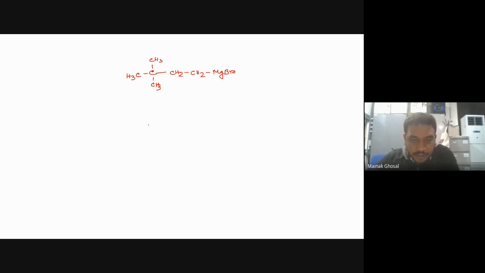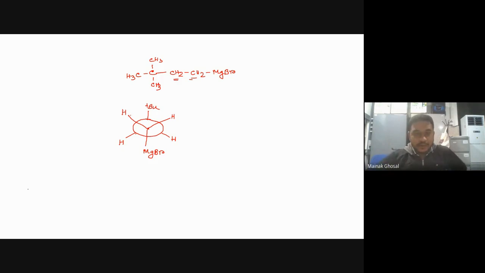Now if I draw the Newman projection of this, here I'm not changing this tertiary butyl group, which is fixed. This CH2 I am writing like this, and this CH2 writing like this, and here is your MgBr. Since this is the anti conformation, at very low temperature, this is the most stable conformation.